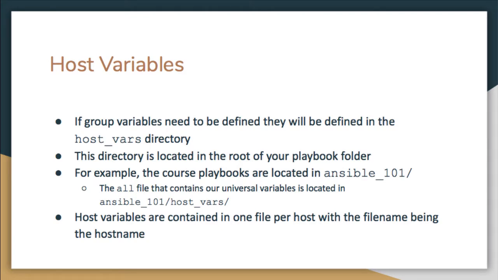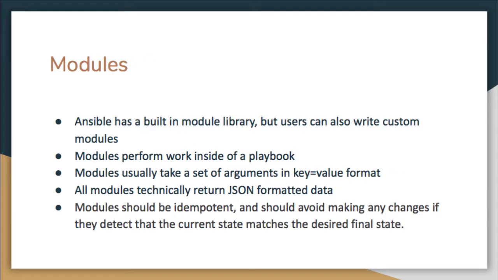Now that we've talked about host variables, let's go into modules. So Ansible has a built-in module library, and it also allows users to write custom modules. And modules are the pieces of information or the program that actually does work inside of the playbook.